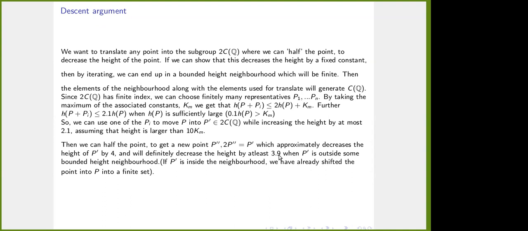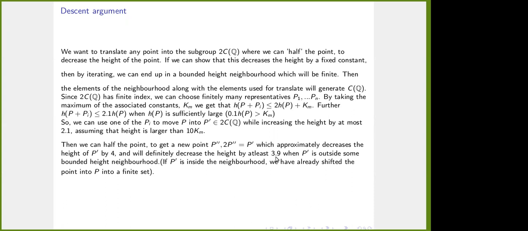So we are doing 2 operations again. We are moving to the double group by a translation, and there are only finitely many points, so the translation constant is bounded, and then we are halving it. So the translation will increase the height by 2.1, and the halving decreases the height by 3.9.